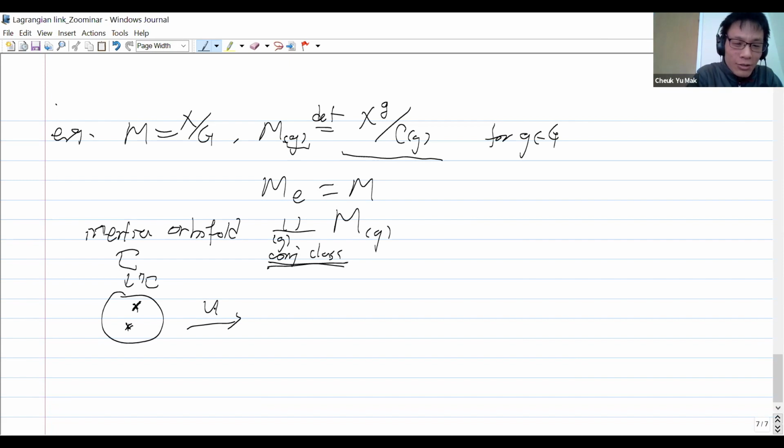So u is a holomorphic map from an orbi-disk, and the evaluation at an interior point, if it is an orbifold point, will naturally lie in a certain orbifold sector, some twisted sector, not necessarily this one. The image of the evaluation map will lie inside M_g.